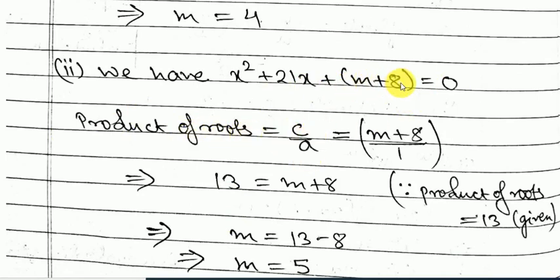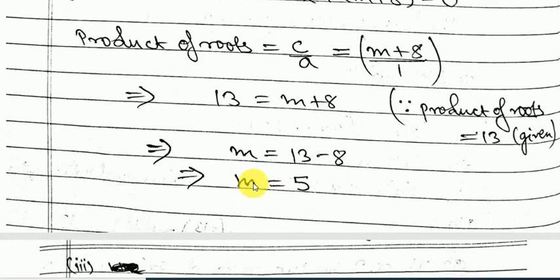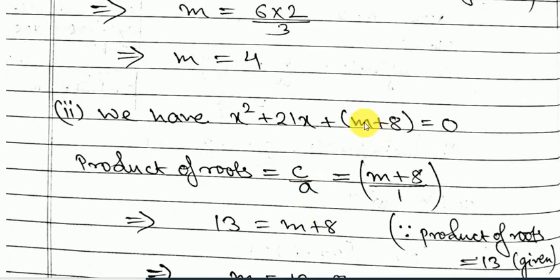M plus 8. So m plus 8 upon a, which is 1, and we are looking for the value of m so that the product of the roots should be 13. So in place of the product of the roots I put 13 and then simplify it and you get the value of m.